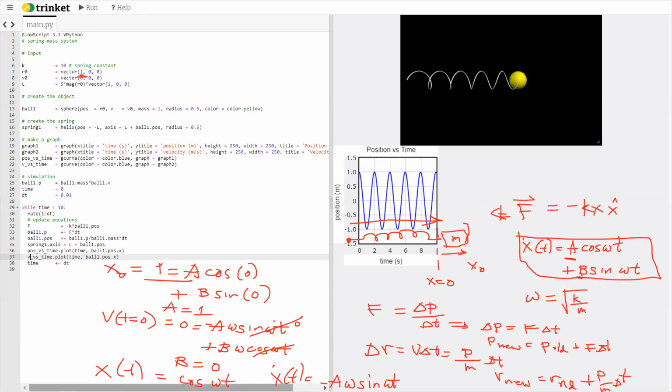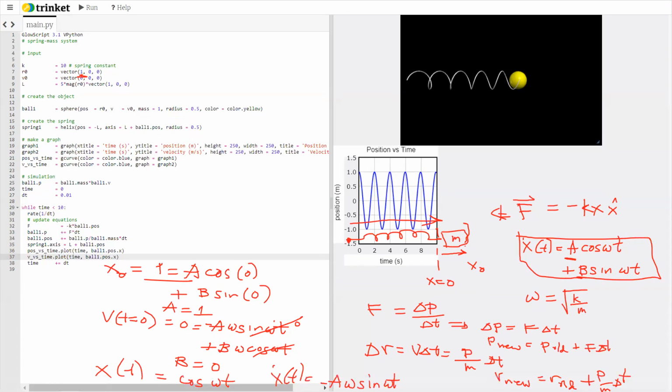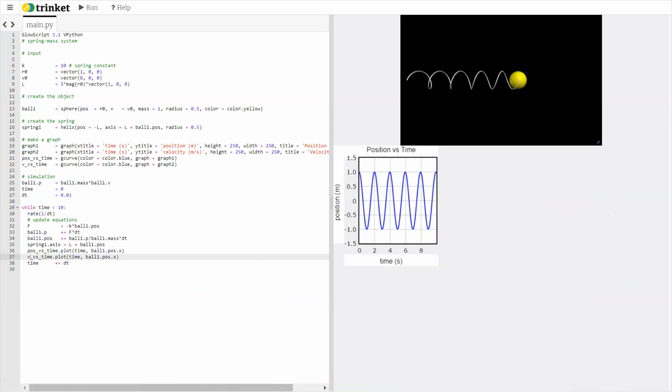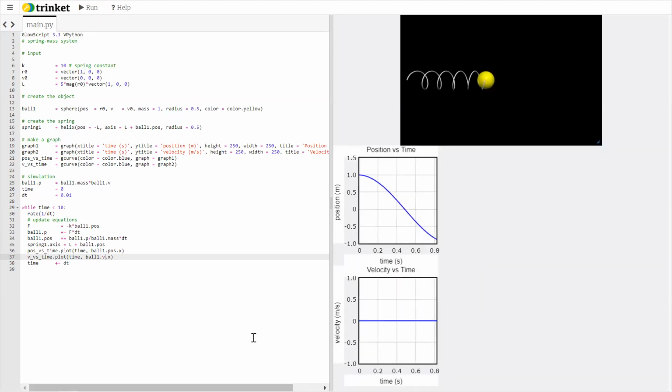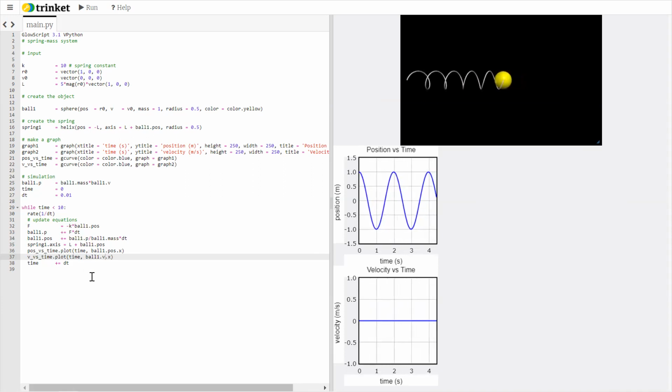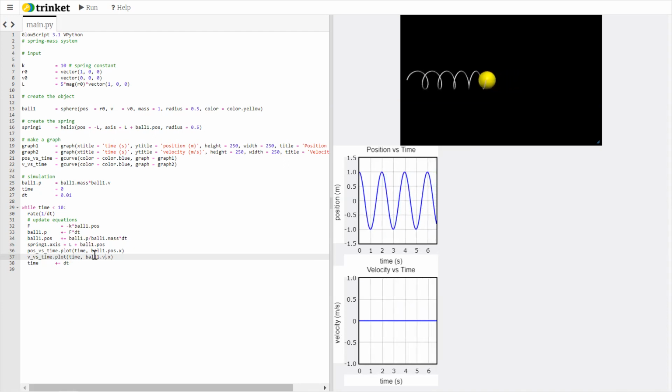So take note, the function is negative a omega sine t. So ball 1 dot v times x, and then run. You can see that the initial velocity is 0. Now it should not be 0.